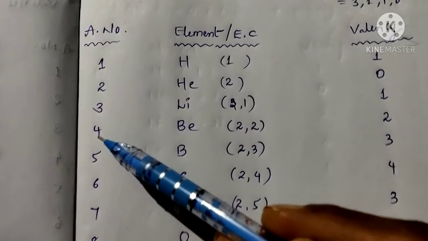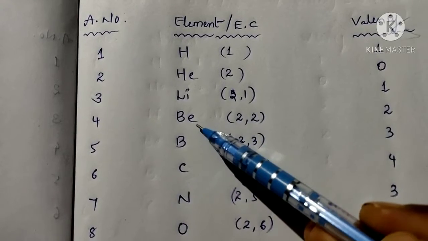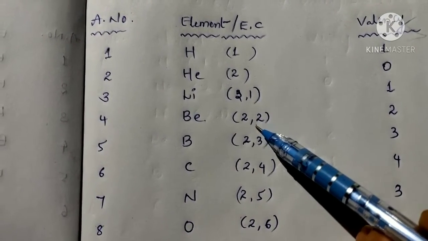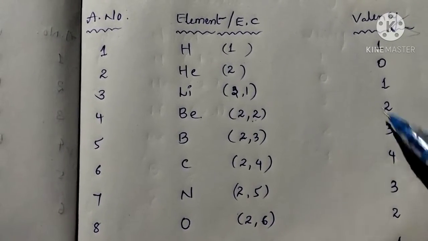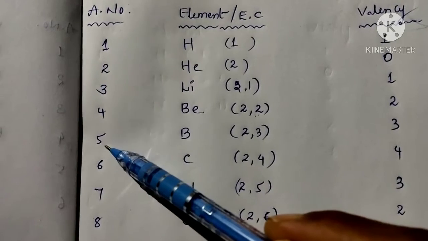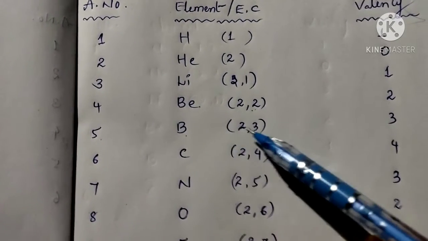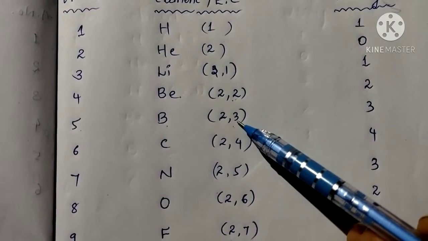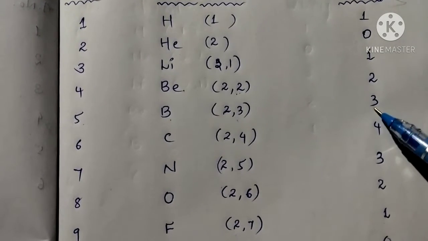Next, atomic number 4, the element is beryllium, right? Configuration is 2, 2. So outermost electrons 2, then valency 2. Atomic number 5, that is boron, and electronic configuration is 2, 3. Valence electrons are 3, so valency becomes 3.